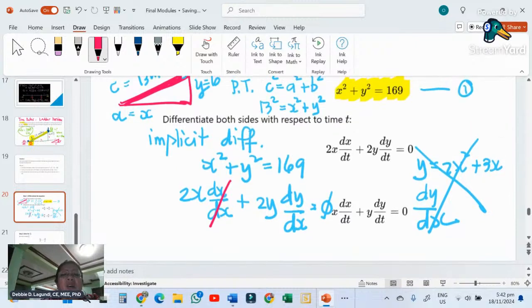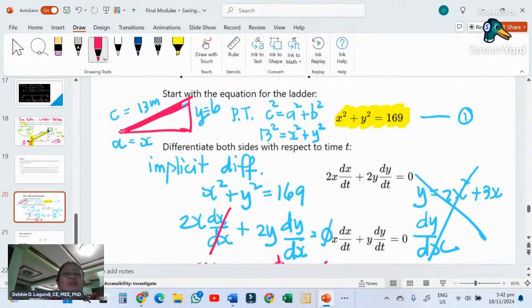Okay? So you only have 2x plus 2y dy over dx is equal to 0. Now, we need dy over dx here. Why do we need dy over dx? Because we need to know how fast the vertical is going down.